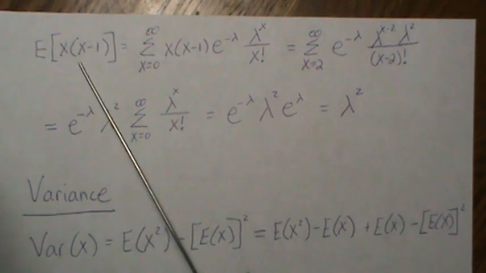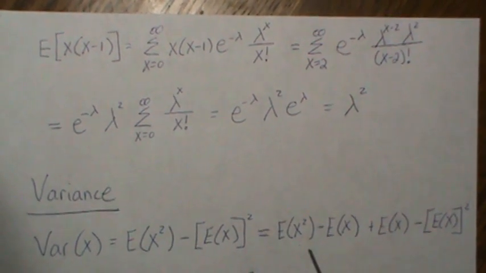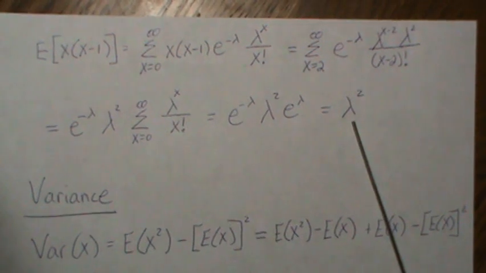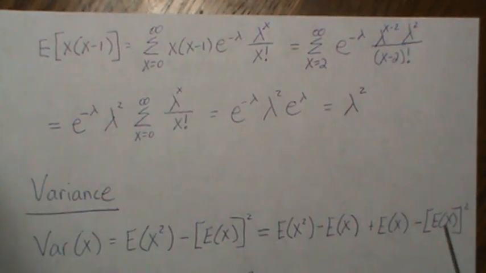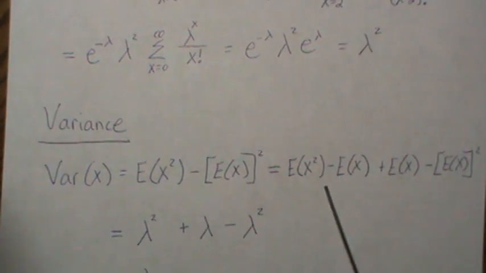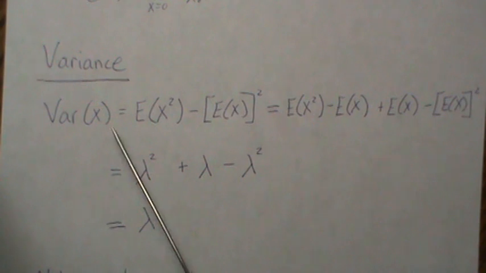So that's X squared minus X, which is what this is. So this piece becomes lambda squared, and that's the lambda we just calculated, minus lambda squared. So this becomes this, and then those cancel and we just get lambda. So the variance of a Poisson is lambda.